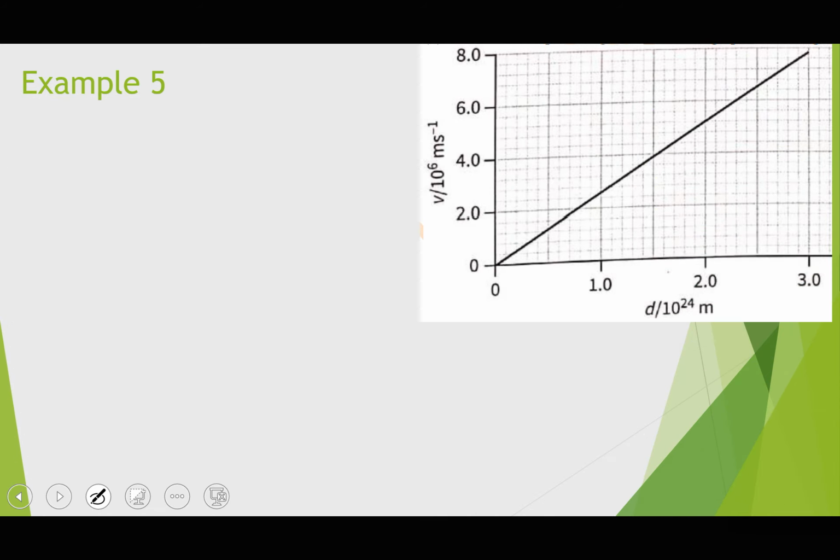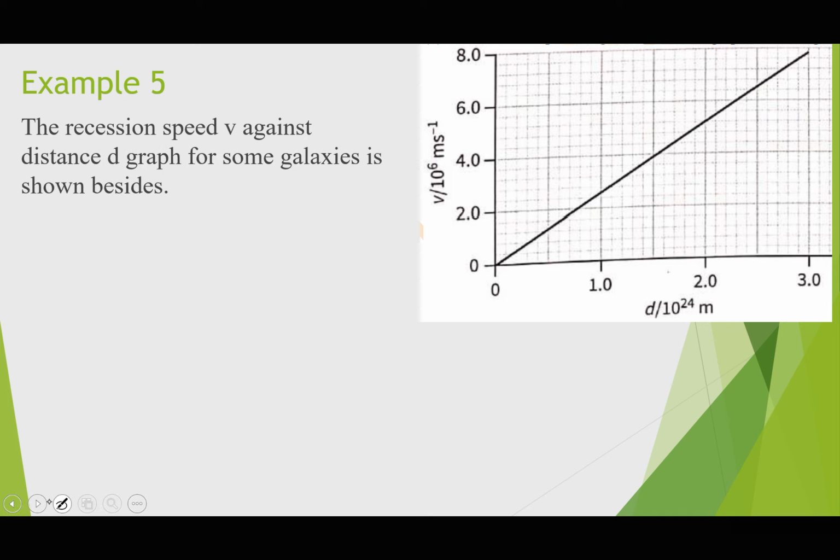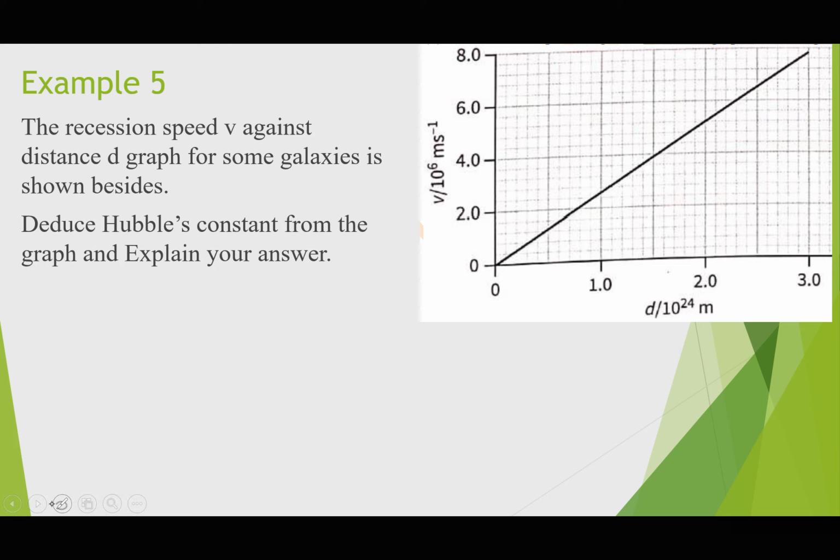Then example number 5. The recessional speed v against distance d for some galaxies is shown beside. Deduce the Hubble's constant. Remember from what we have just covered, Hubble's constant is actually the gradient of a graph of v against d.